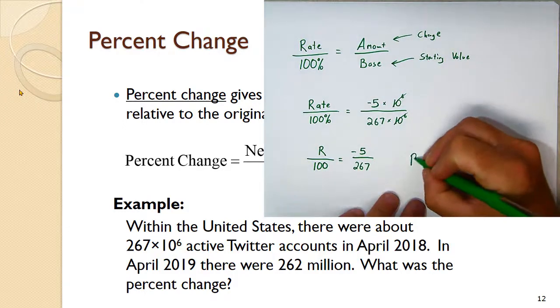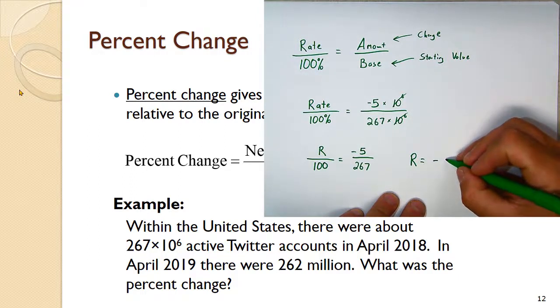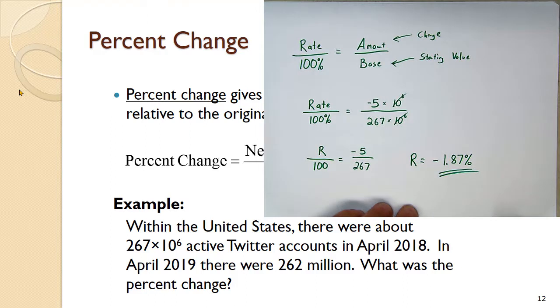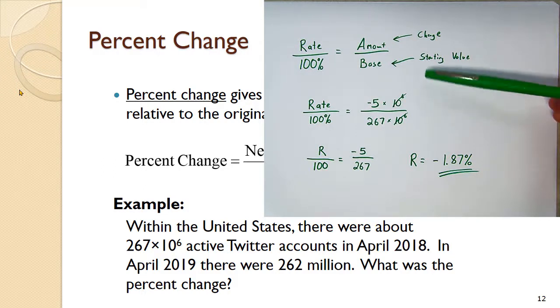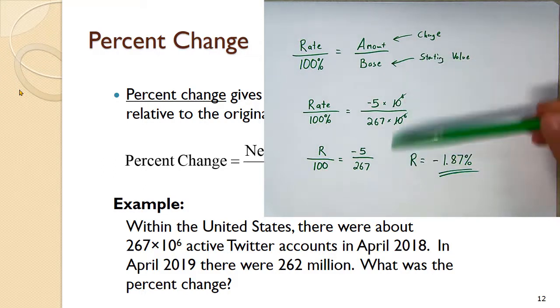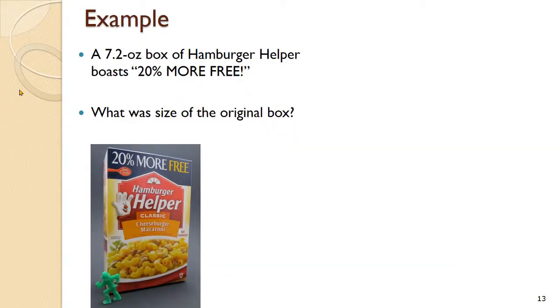And if you solve that proportion, you'll get, no surprise, negative 1.87%. Same result we got using the formula. Now you might say, well, those are kind of the exact same thing. And you're right. They're just different ways of thinking about the exact same math. Again, any method that you like is just fine. Okay, let's take a look at what is kind of a tricky problem.